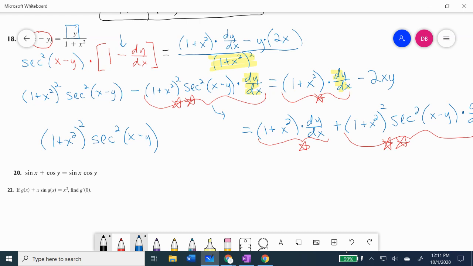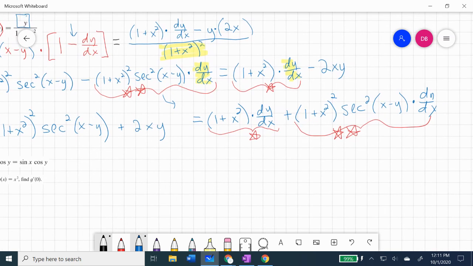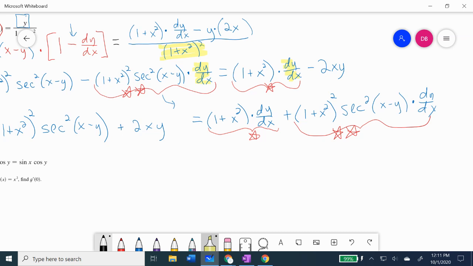And then I need to bring over this negative 2xy by adding it. At that point, you're going to be able to factor a dy dx out of that right side.